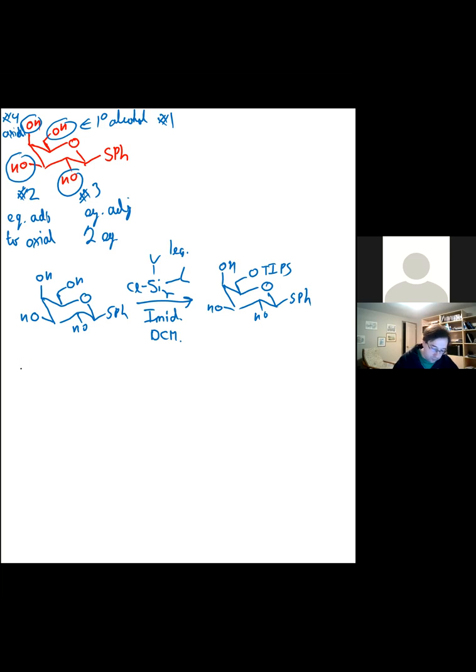So bulky goes primary. And we can take advantage of that to make different types of protecting groups. Now, there's no benzyl equivalent because we actually start running into problems with this, but there is an acetate equivalent, which is the PIV group.